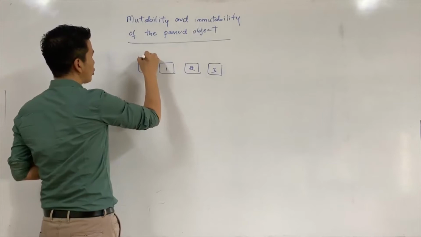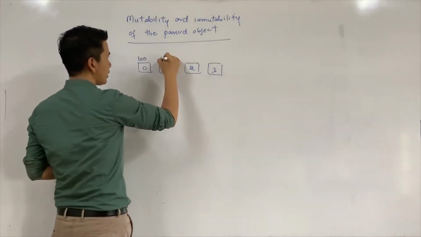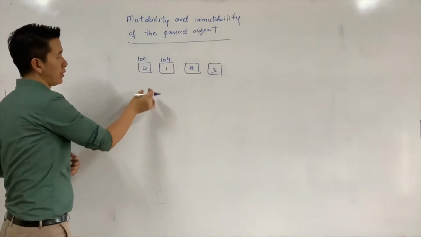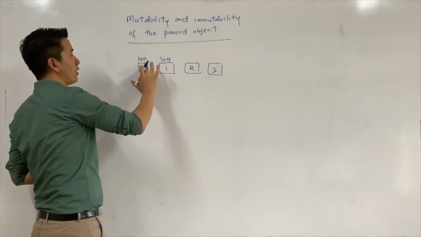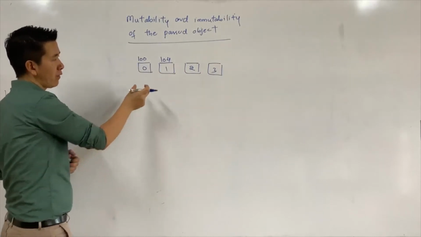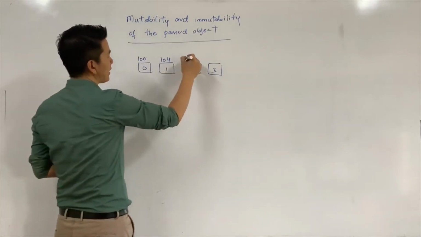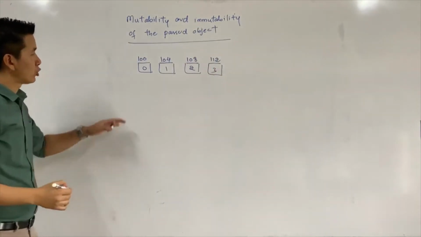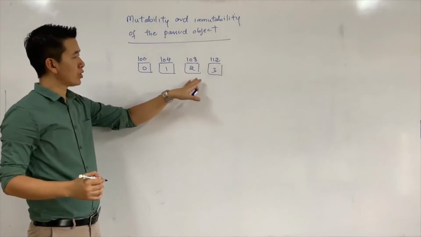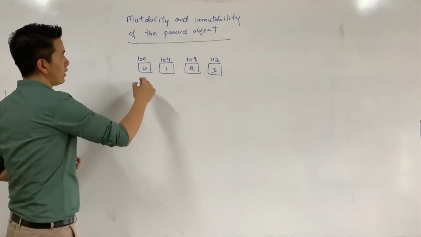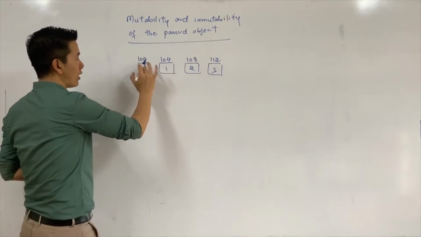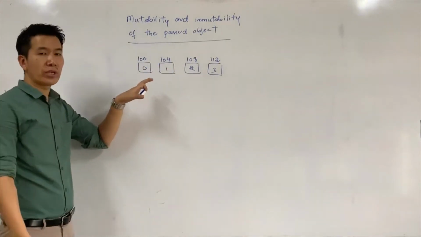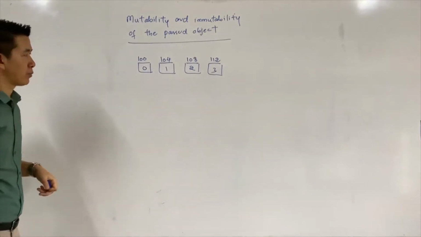Let's say you have 100, this is the address, and then 104, indicating that, just as an example, each integer occupies 4 bytes of memory space, and then let's say you have 108 and then you have 112. So these are the integer values which are stored in locations with the memory addresses of 100, and so on, even though the memory address will be pretty lengthy, but just to keep the example as simple as possible.